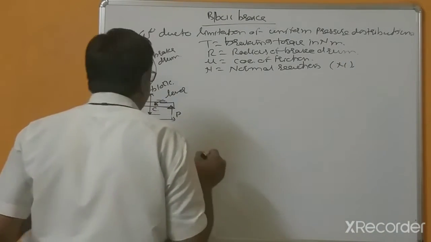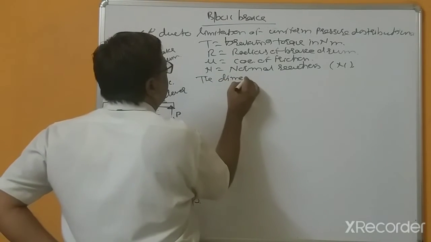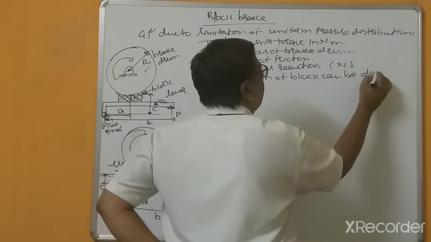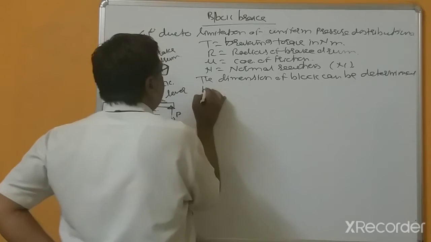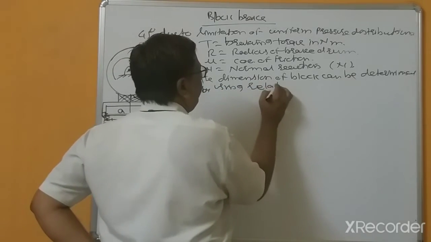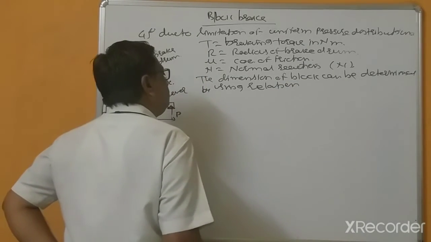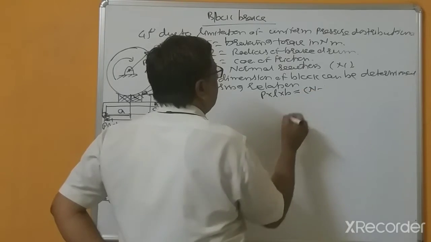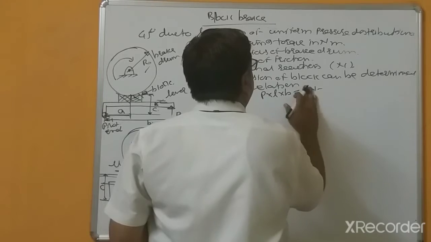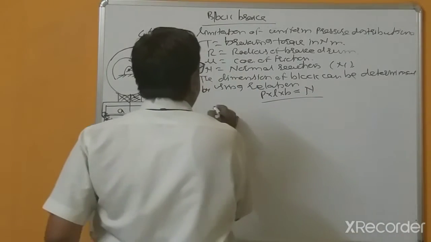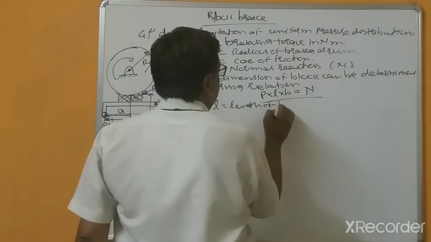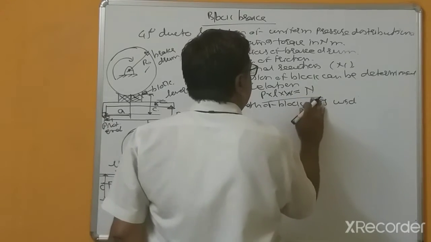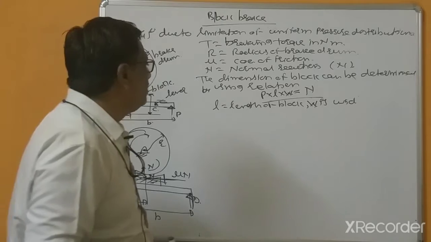So the dimensions of a block can be determined by using the relation P into L B equal to N. So L is the length of block, and B is width, or you can say this is W, because B is the dimension we are already considering, so W is width.